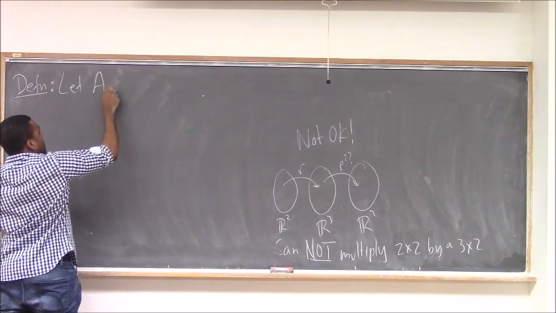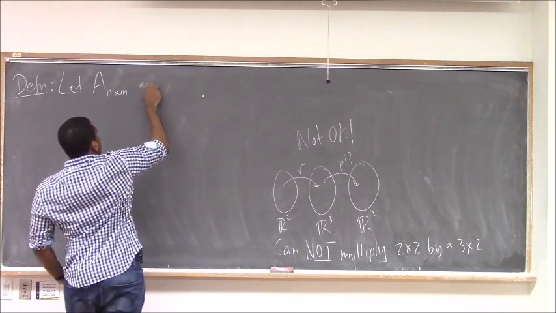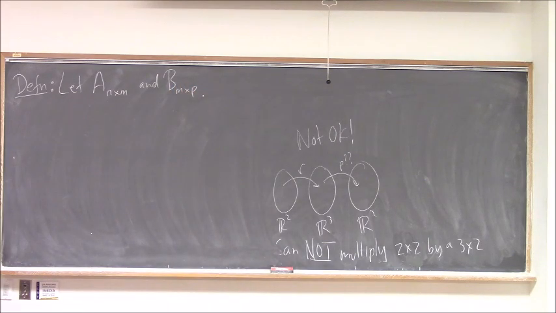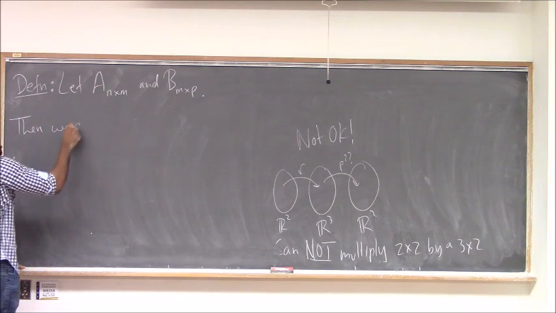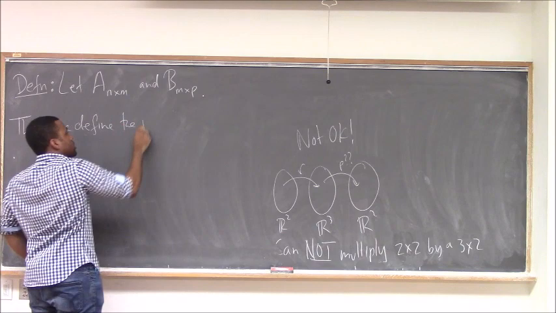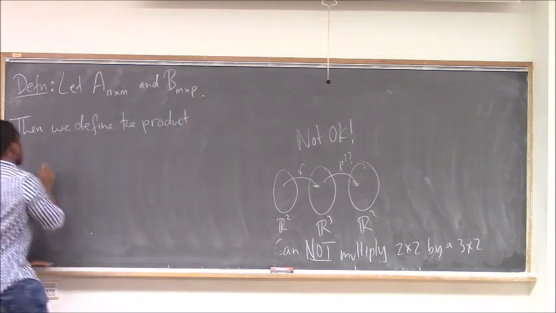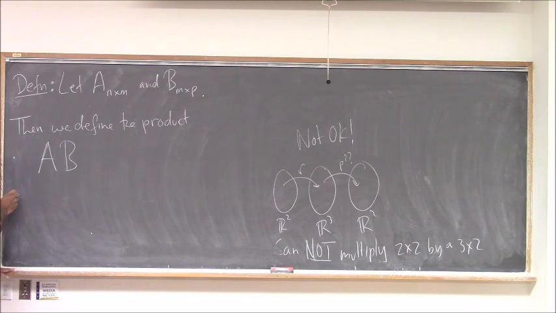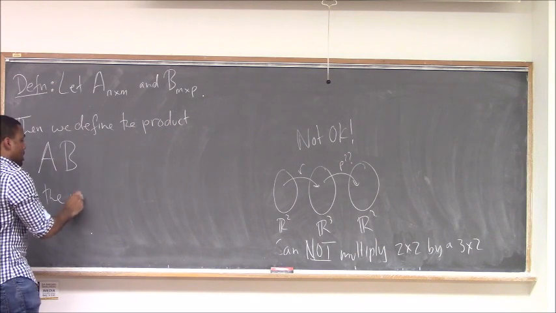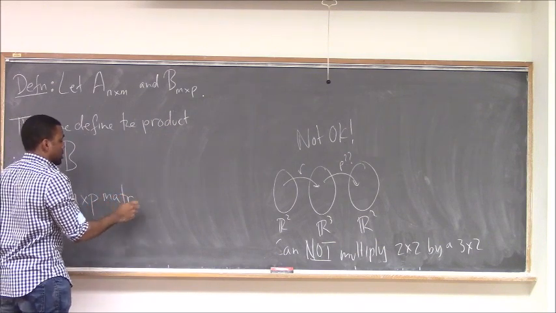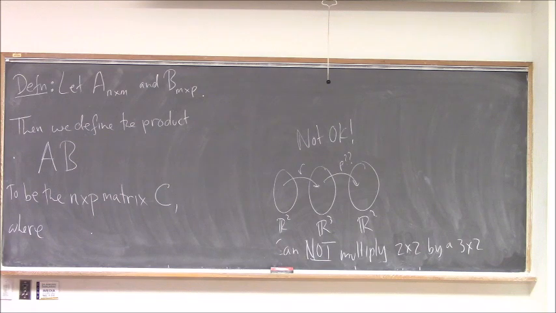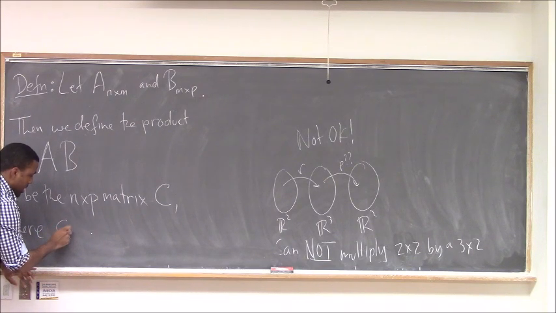Let A be n by m, and B be m by p. Then we define the product AB to be the n by p matrix C, where I'm going to give you a formula for the entries now.